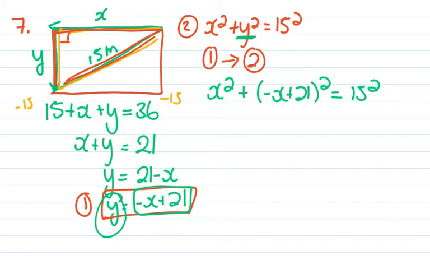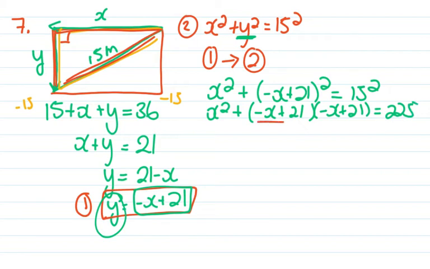Now I can expand this out, simplify, and then once it's all equal to 0, I can factor and I'll be able to solve for x. So I'll have x squared plus (negative x plus 21) squared. I'm just going to rewrite those as two separate brackets, equals 15 squared is 225.